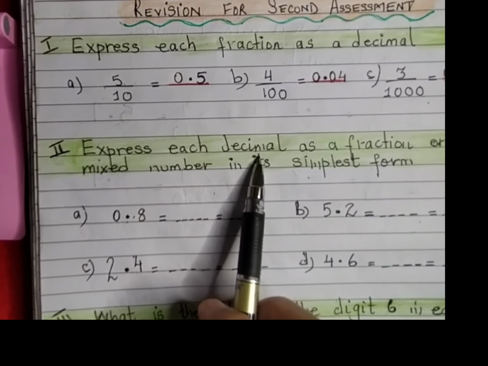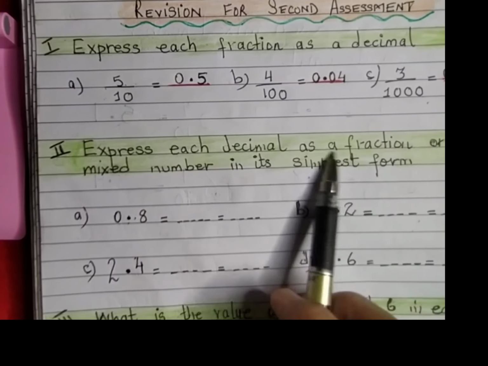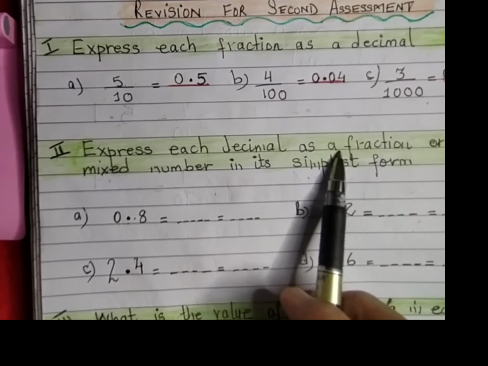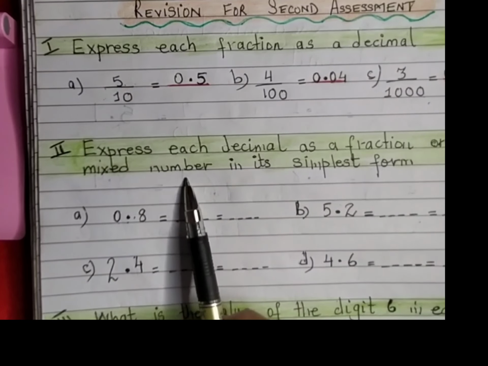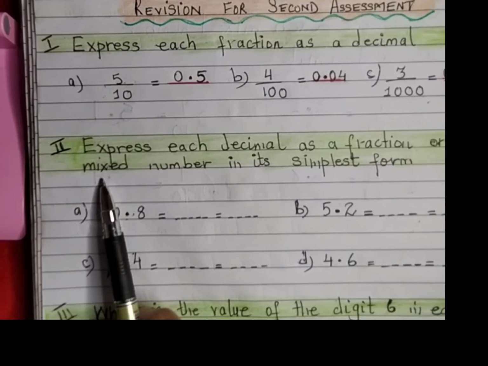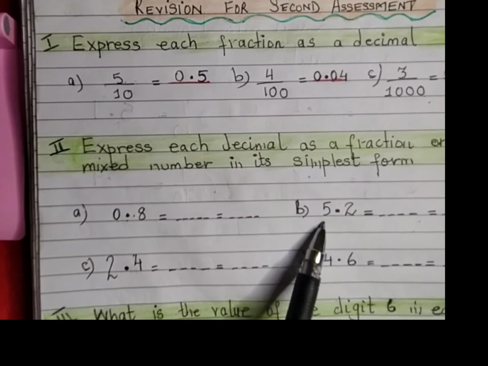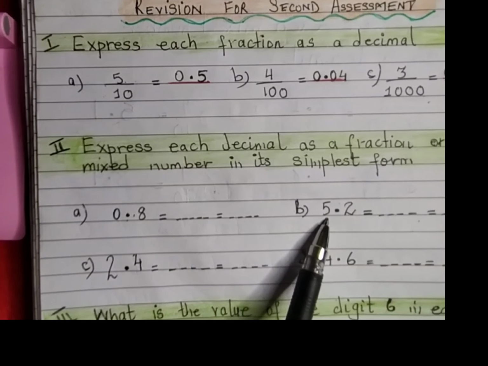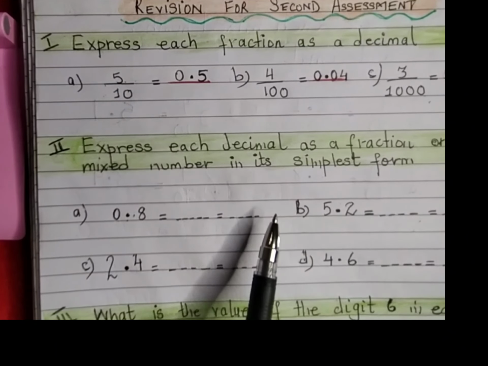You will have to convert this decimal into a fraction. Okay, so what will I first do? I will convert this into a fraction. Then goes the simplest form. If it is a mixed fraction, it means having a whole number. Okay, so if you have a mixed fraction, how will you do it? And if you do not have a mixed fraction, how will you do it? Okay, that's very simple.